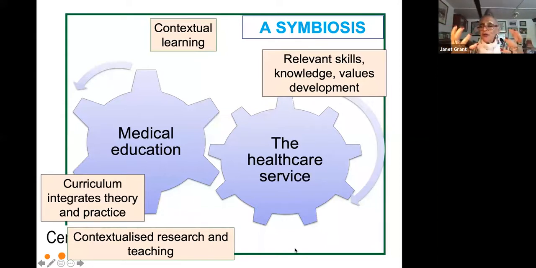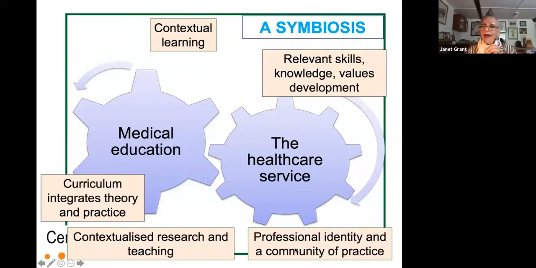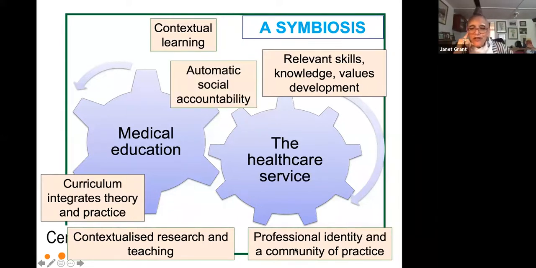How are your students going to see these things? This will include, obviously, the laboratories, the anatomy, everything else. And this will give them their professional identity within their community of practice. How are you going to do that? How are you going to enable these students to develop their identity as a doctor?